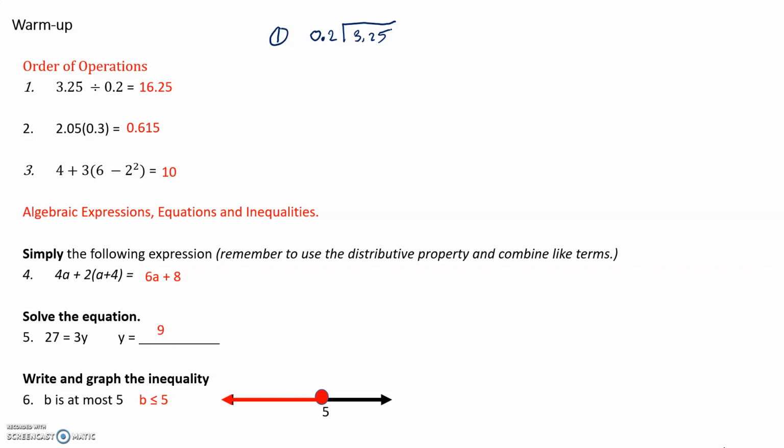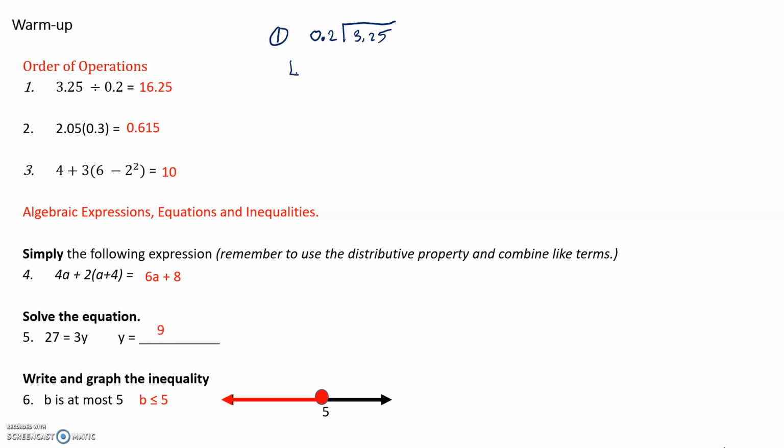Remember, when you're dividing decimals, you have to make the divisor a whole number. To get that divisor a whole number, I'm going to multiply it by 10. I just need to move the decimal over one spot. However many decimal spots you need to move to make it a whole number, you're multiplying by 10, 100, 1,000, and so on. I'm going to do the same thing to the number inside the house.